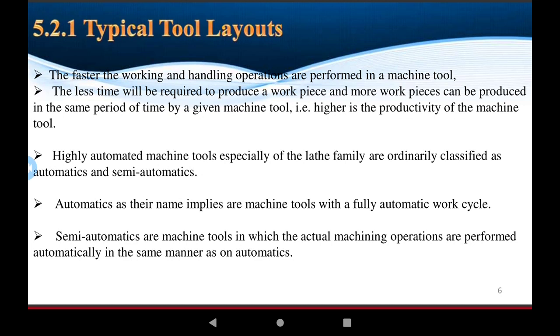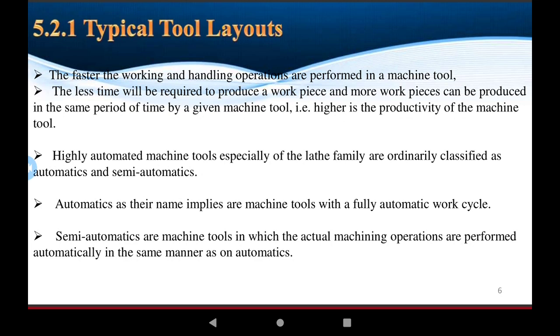Suppose that in one time the machine performs one or more manufacturing operations. In the same period of time given to the machine tool, that means higher productivity of the machine tools.